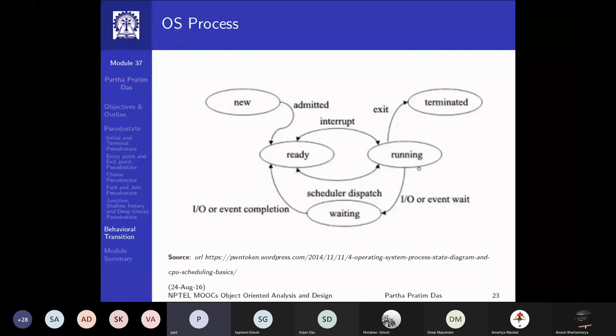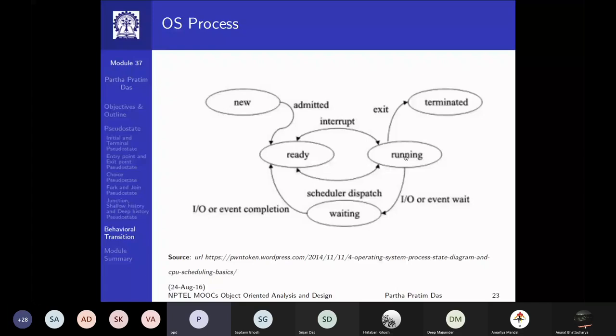So when I do that, that process at that point is not ready to continue, right? Because if it is expecting an input, it cannot continue without getting that input. If it is expecting to output something, it has to complete that output process.